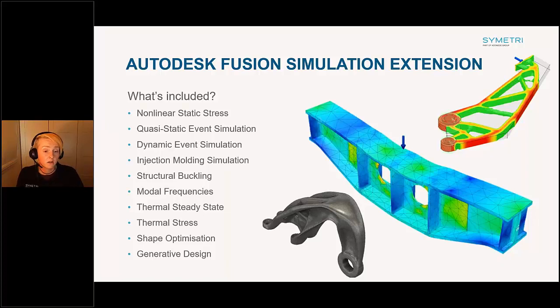To be fair, it's been part of the software for a while. It's very good at what it does, and you can use it to run frequencies through your part and get some results. Then we've got thermal steady state and thermal stress, which is really important if you're working with heat and temperature. And then shape optimization is again something that's in the system.